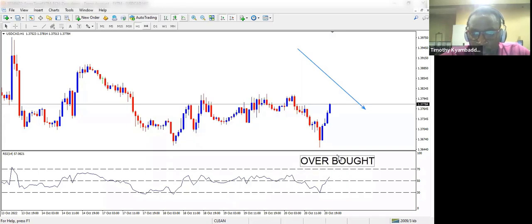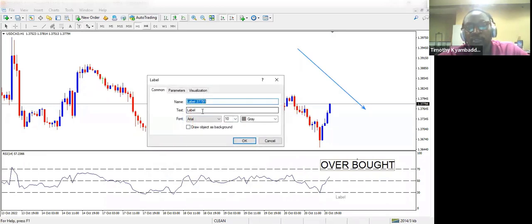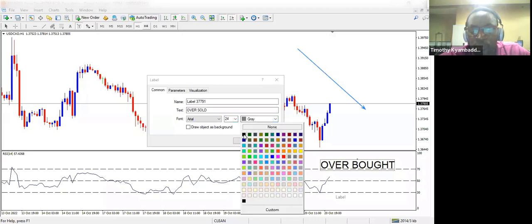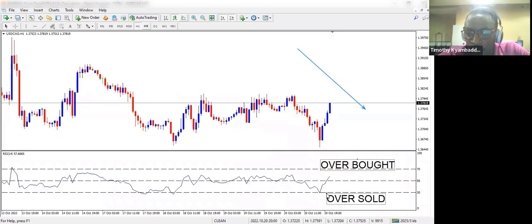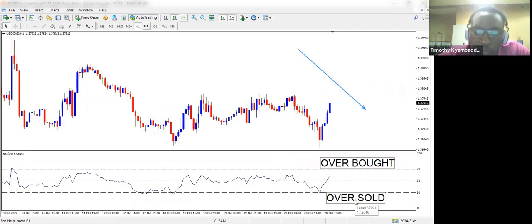So this is our overbought region. These are very important terms as we use oscillators. This is our oversold region. So anything above the 70 region, the market is considered to be overbought. And anything at 30 or below 30, the market is considered to be oversold.